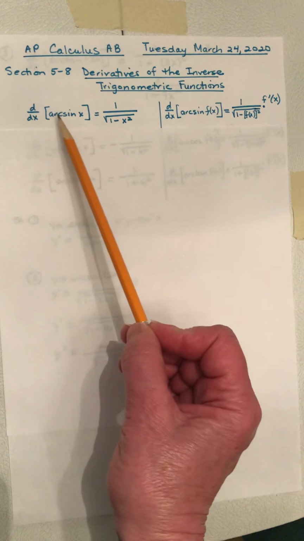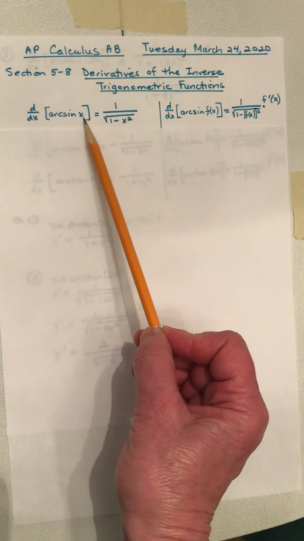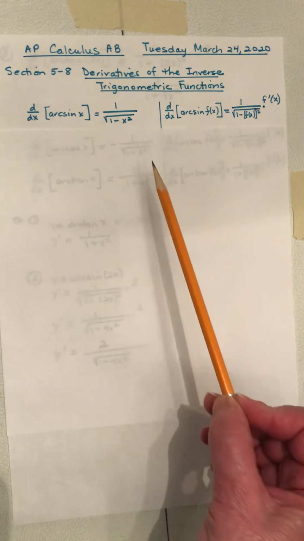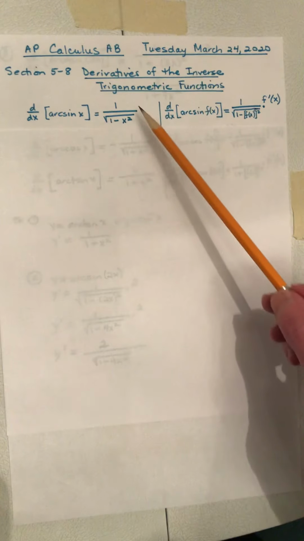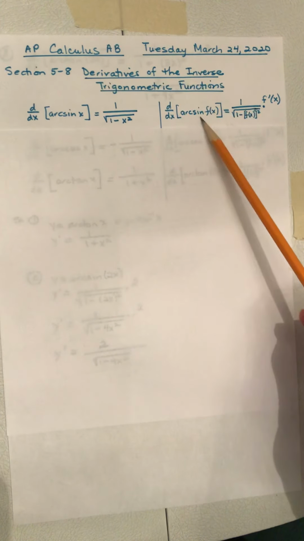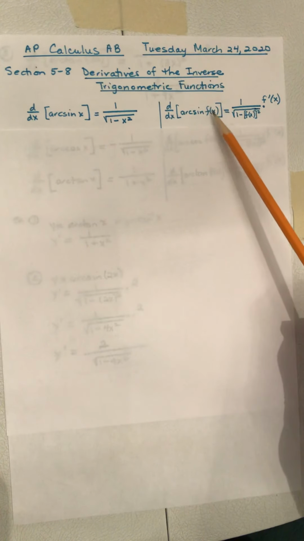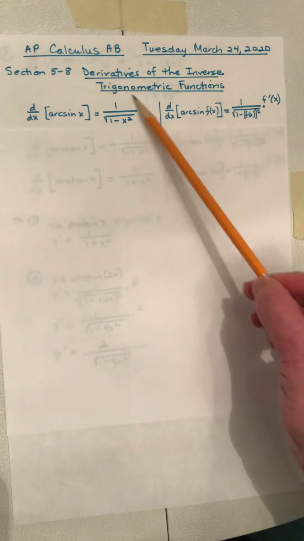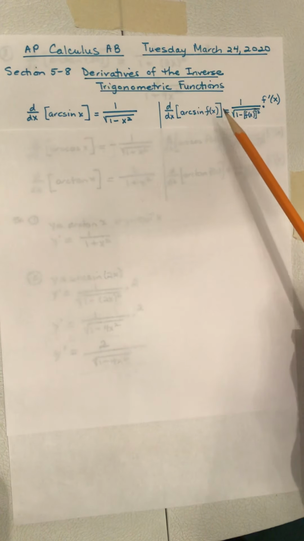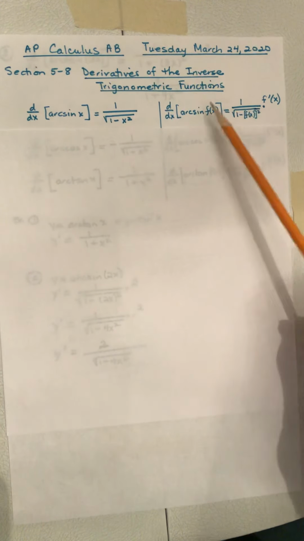So the derivative of arc sine, or the inverse sine of x, is 1 over the square root of 1 minus x squared. Now, what if it's the arc sine not just of x, but of f of x? Then it's going to be similar to this derivative, except we're going to have to invoke the chain rule. So what do we get?